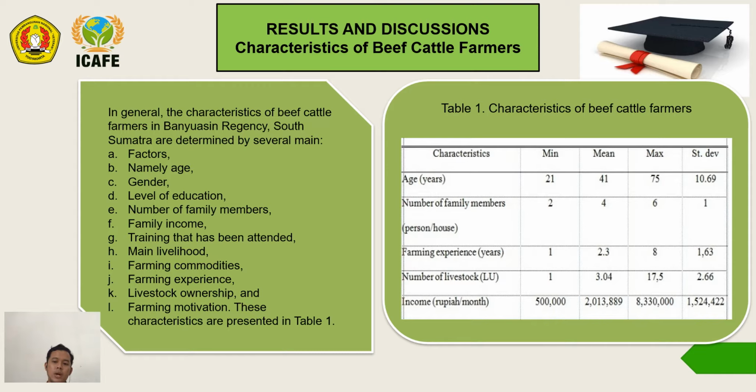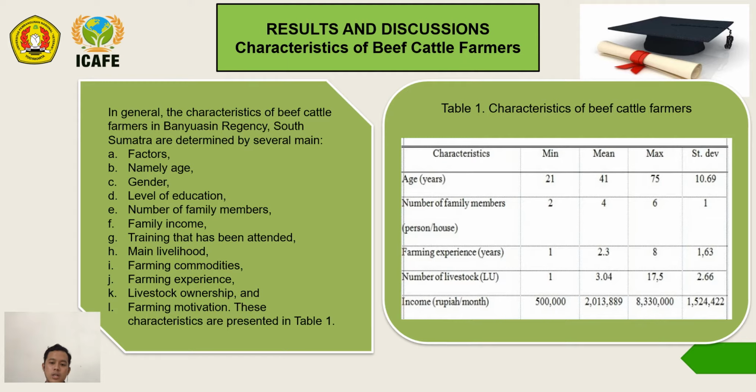Based on Table 1, it can be seen that the average age of farmers is within the productive age. The average number of family members is 4 people. The longest farming experience is 8 years. The number of livestock ownership of each farmer is 3 livestock units.